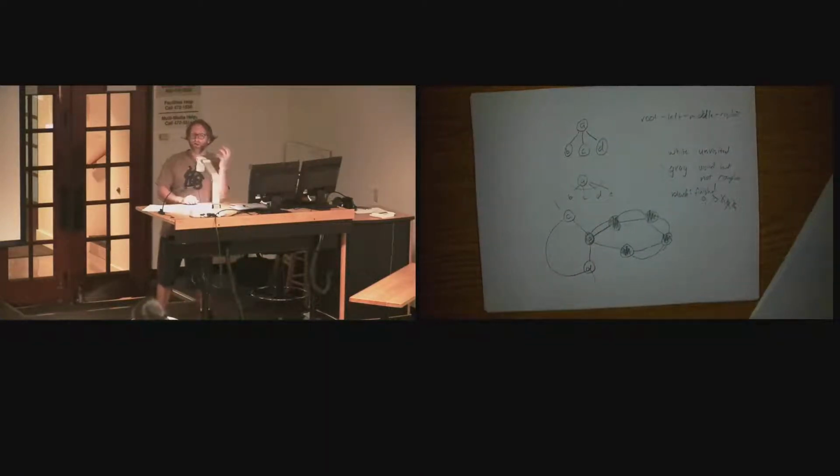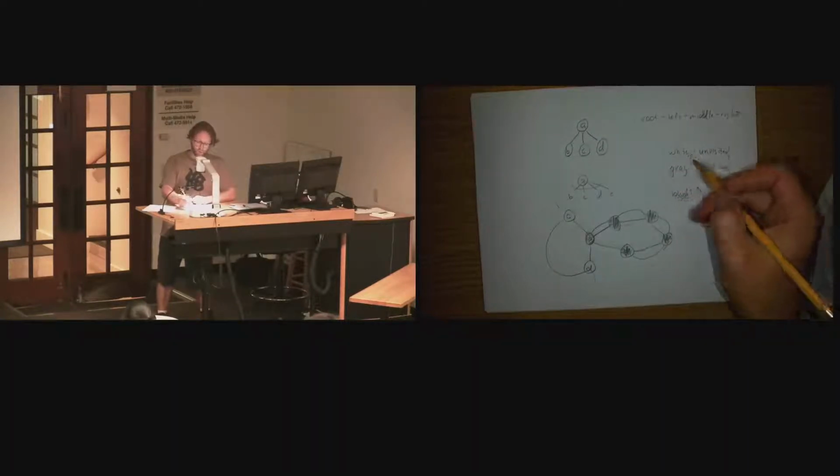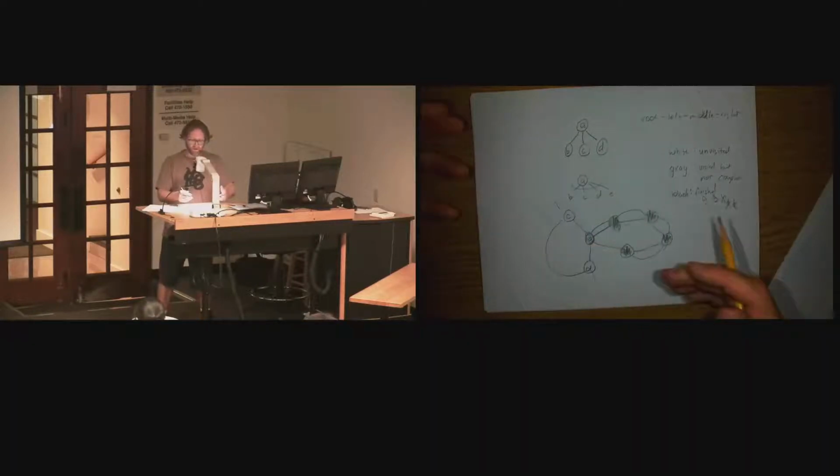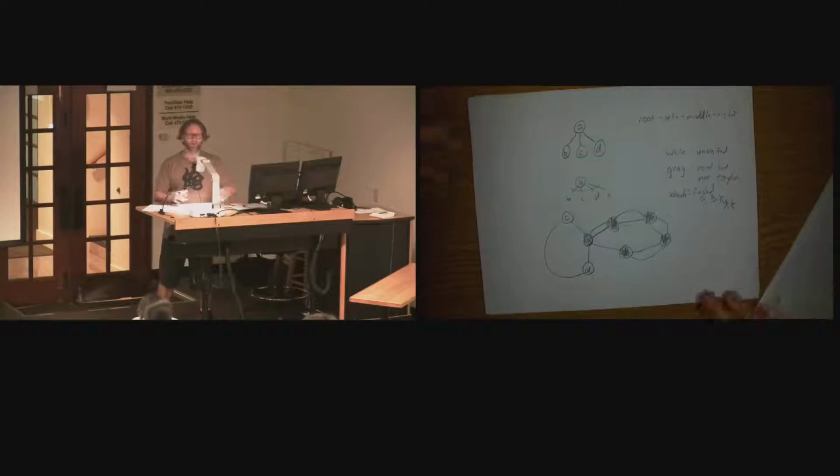So not only do we need to keep track of our breadcrumbs, we also need to keep track of the status of each one of these nodes. And the reason that we use white, gray, and black instead of, say, usually I would use like blue and red and white, is because it's very expensive to print color, right? So most books use white, gray, and black because they just use one color of ink.